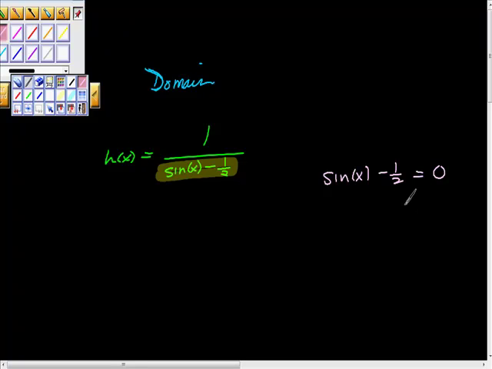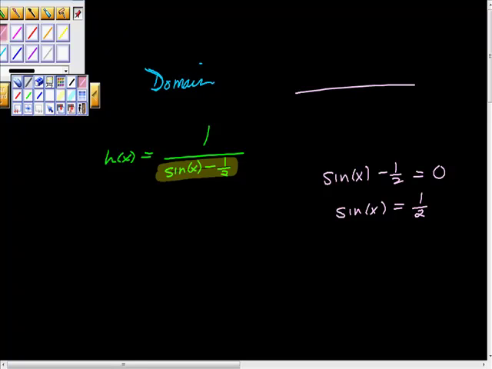This is going to be fine, but we have to really think about it. Solving, we get sine of x equals 1/2. That's just the algebra of it.